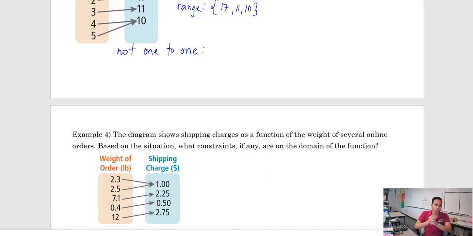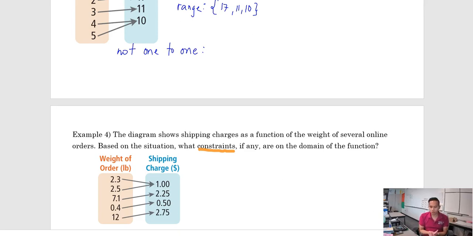Based on the situation, what constraints, if any, are on the domain of the function? So first, what do we mean by constraints? When we say constraint, these are the limits. Is there any limitation on the values of the domain and the values of the range?